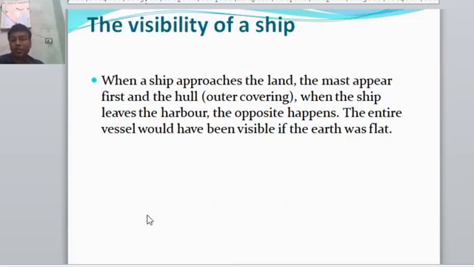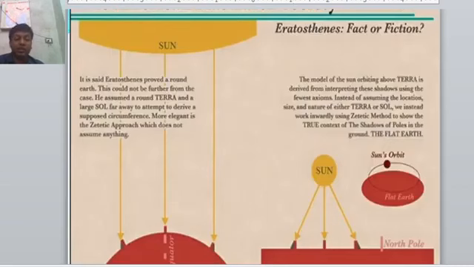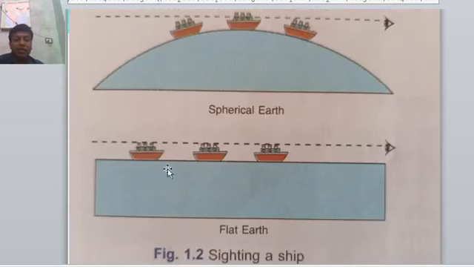That means vice versa. The entire vessel would have been visible if Earth was flat. Dear students, if Earth was flat, you would see it like that. Look at this, like that. Since Earth is spherical, that's why we have seen it like that.